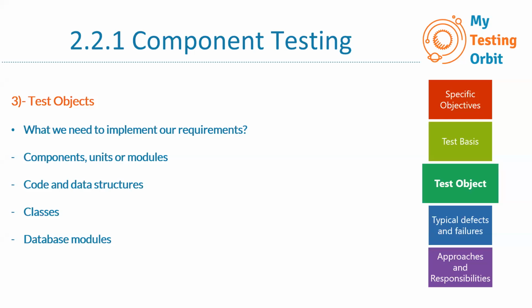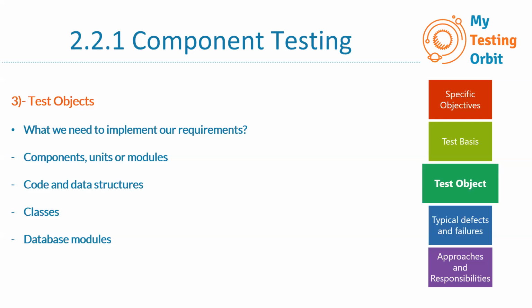First of all, we need components, units, or modules, which we already went through, that component testing is also known as unit or module testing. We need small units in a software to perform component testing on. So these components will be our test objects.